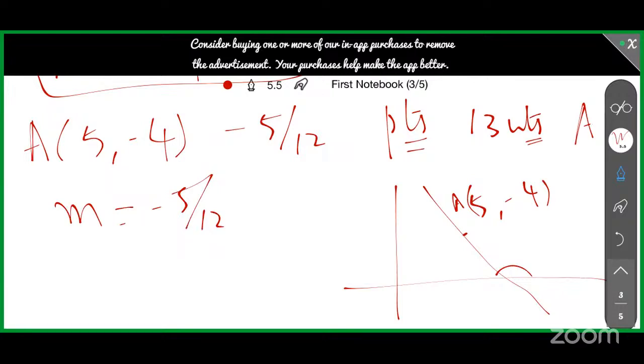What do you mean by M? M is equal to slope, sir.